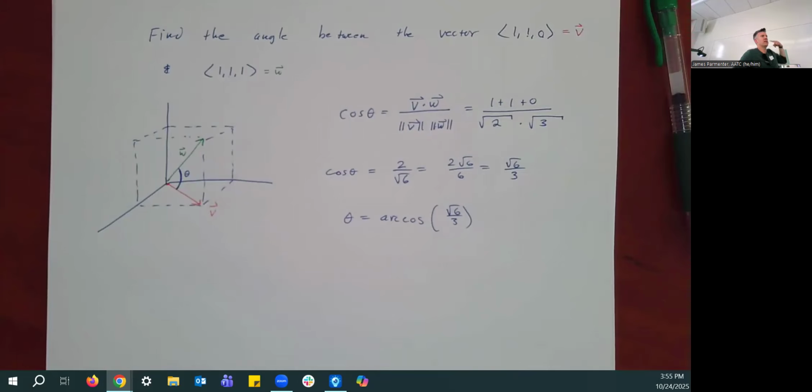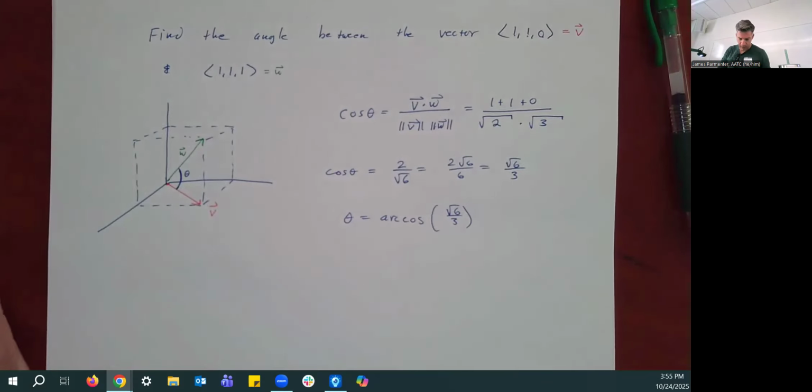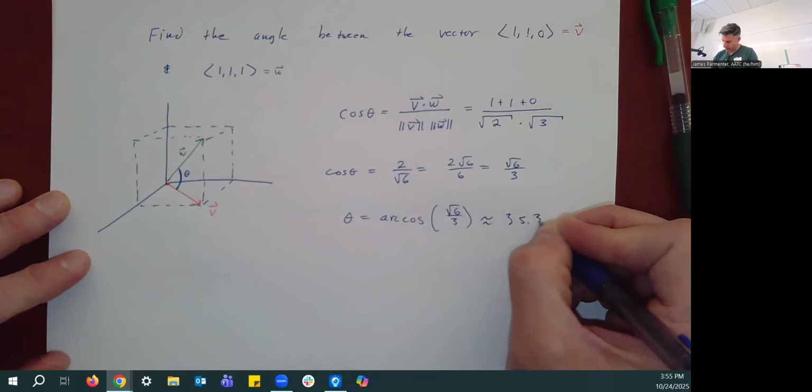But quadrant four is a silly answer because you're not going to say the angle between two vectors is like 300 degrees. You're going to say it's 60 degrees. So here the angle has to be acute because cosine is equal to a positive number. If cosine was equal to a negative number, the angle would have to be obtuse, somewhere between 90 and 180 degrees. So here we end up getting approximately 35.3 degrees. It's kind of neat.